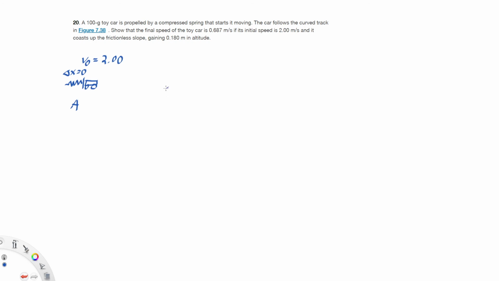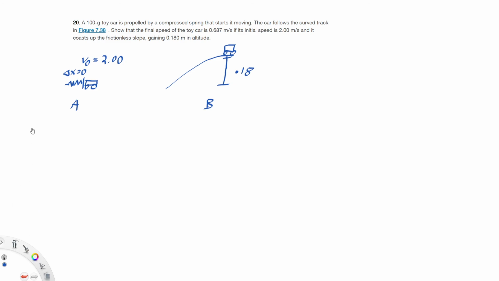Situation B will be the car up here at the top of this slope, where the change in height is 18 centimeters, and we want to show what its velocity is up there. This will be situation B.